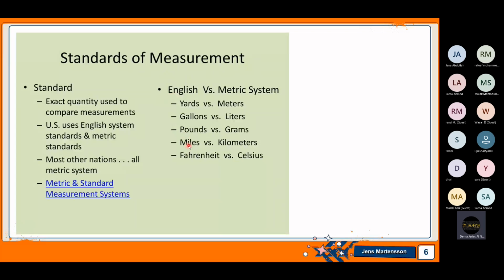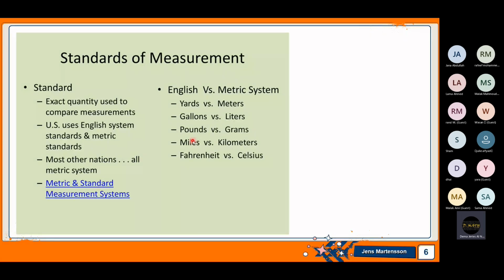For distance, they use miles. If you look at the speedometer of your father's car, you will find that sometimes the speed is 70 kilometers per hour or 80 miles per hour. You will find both units, miles and kilometers.